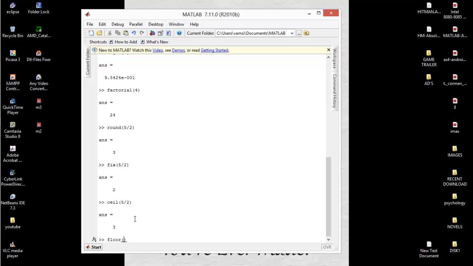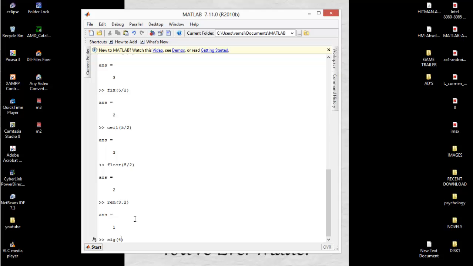It's 2. And then there is another function, remainder of two numbers, 3 comma 2. The remainder of 3 by 2 is 1, so 1 is your answer. And there's another one, sign of x, any number.